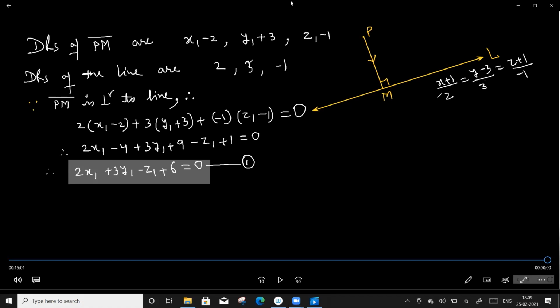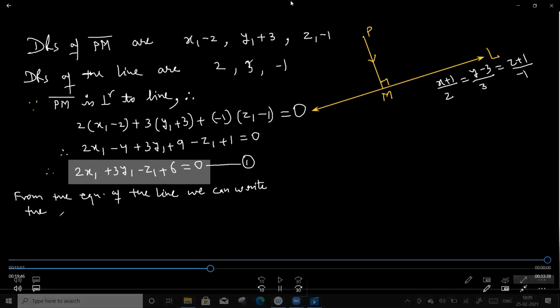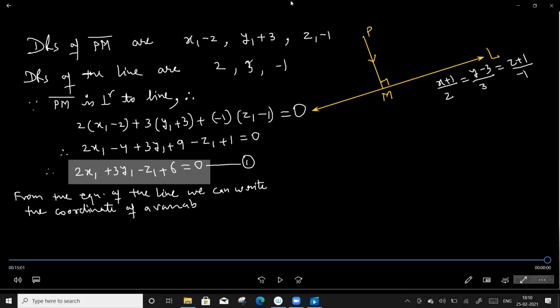So from the equation of the line, we can write the coordinates of a variable point as follows.